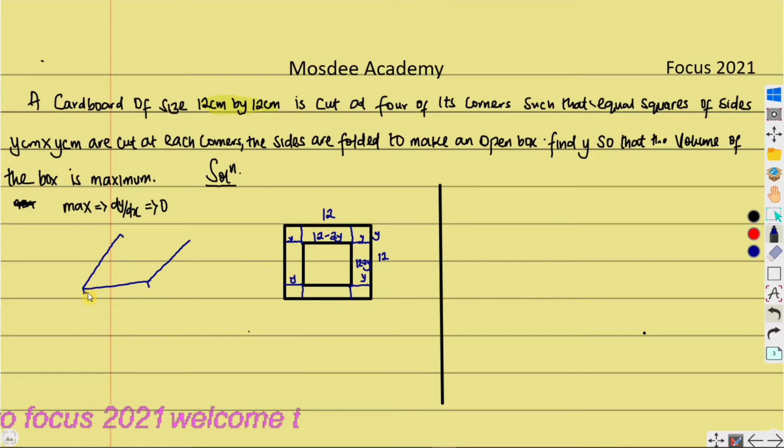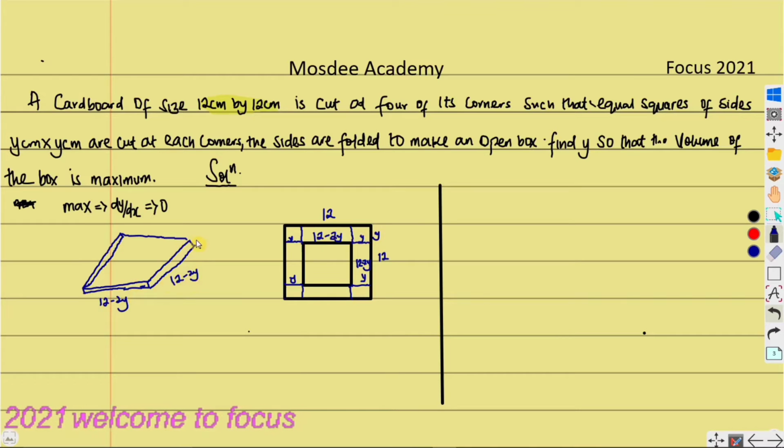We join this together, and bring this also to this, and the remaining corners can also be joined. So we have an open box. The dimensions are now 12 minus 2y, and this is also 12 minus 2y. Remember, the height will remain y.